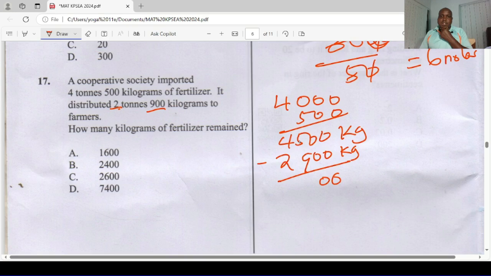We are subtracting 15 minus 9, that is 6. So we will remain with 1,600 kilograms.